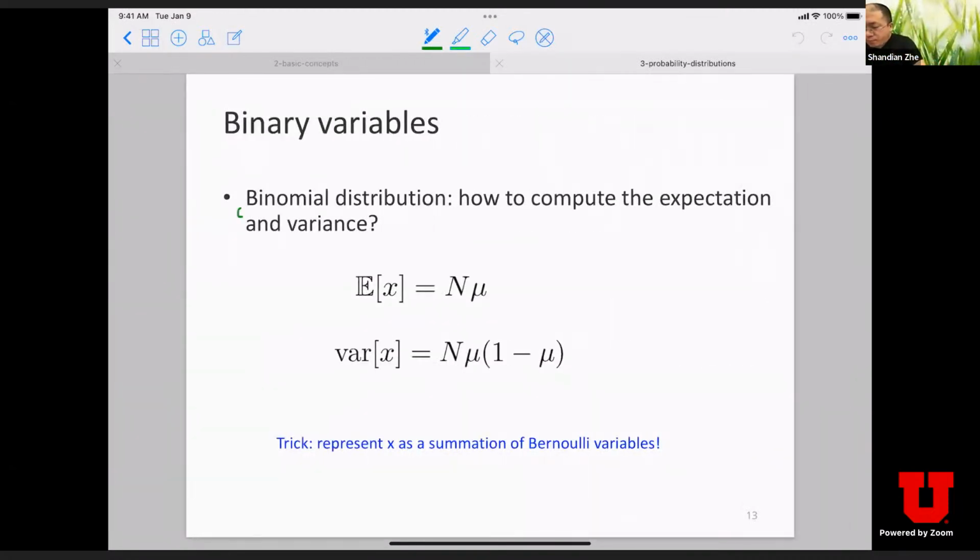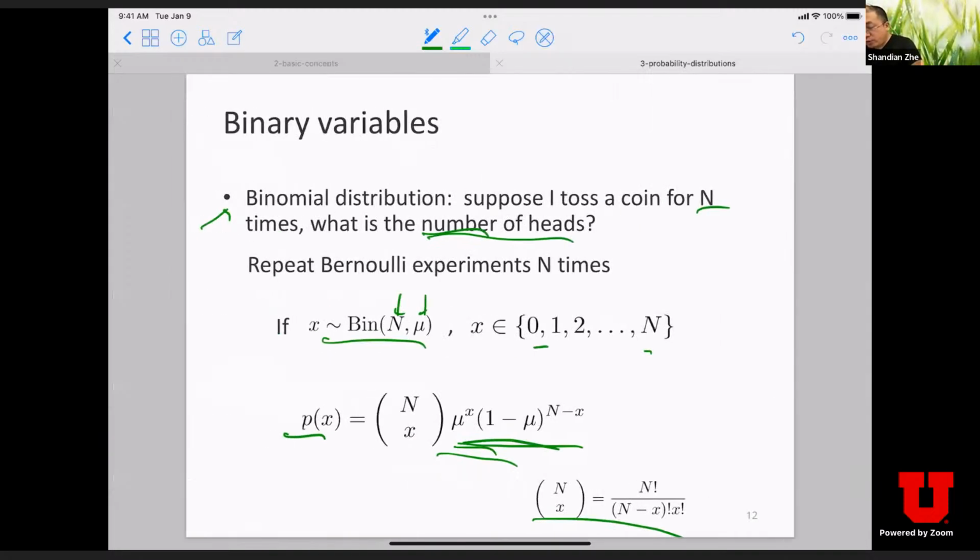So how do we compute the expectation and variance for the binomial random variable? How can we do that? Of course, you can use this formula to compute it. Now I want to ask you to think about a simpler approach.